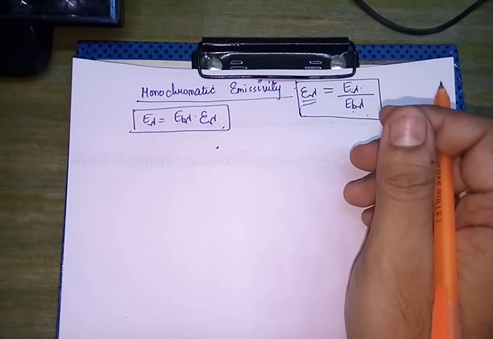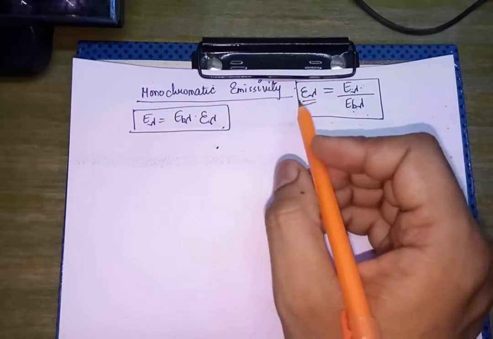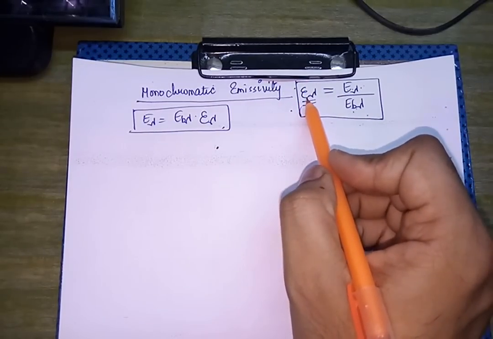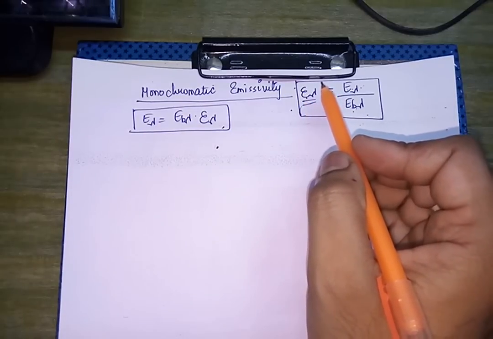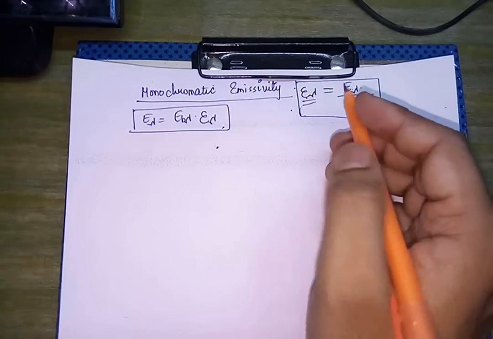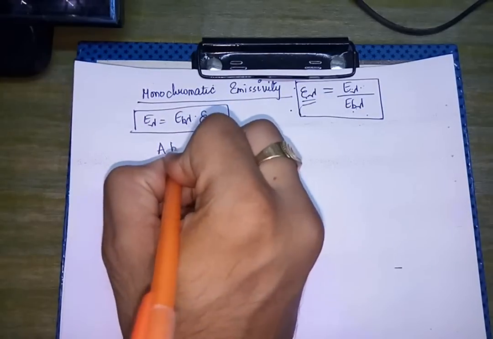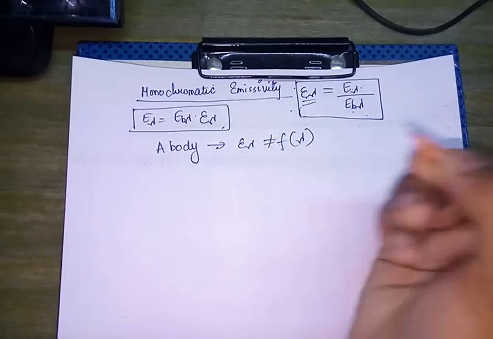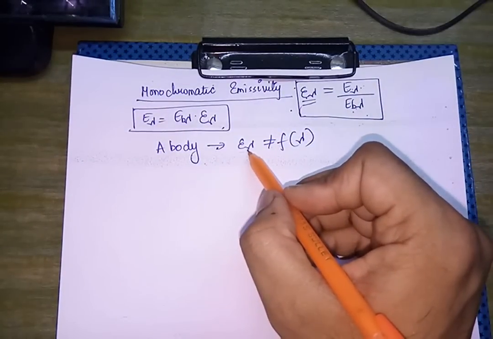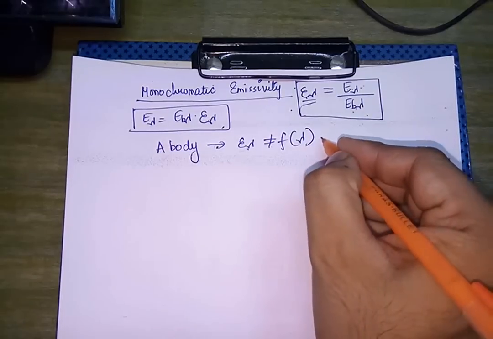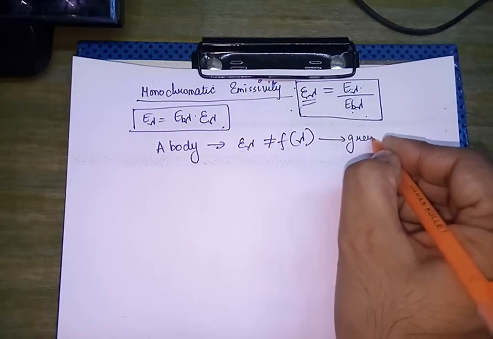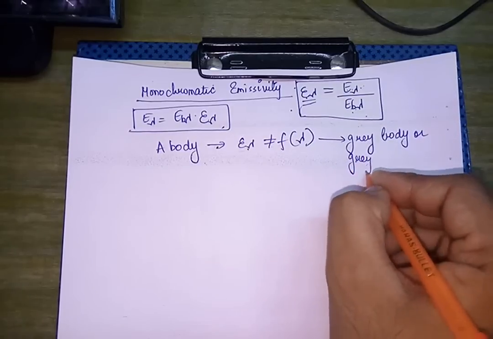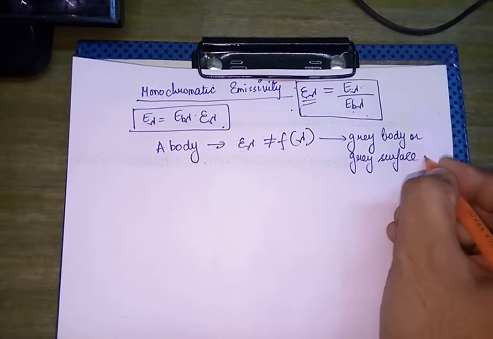Now, a body whose monochromatic emissivity epsilon lambda is independent of the wavelength lambda, or rather remains constant with lambda, such that epsilon lambda is not a function of the wavelength, then such a body will be called a gray body or gray surface.